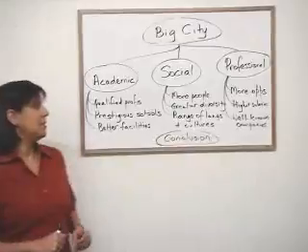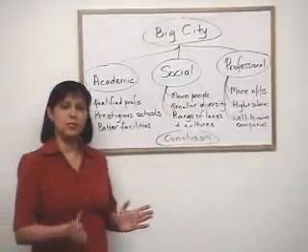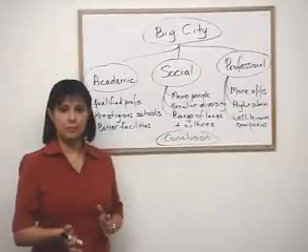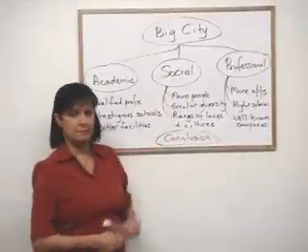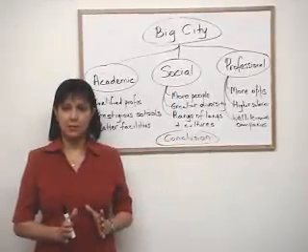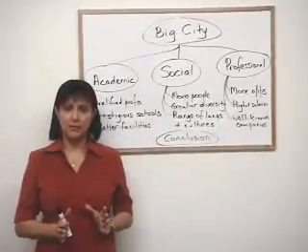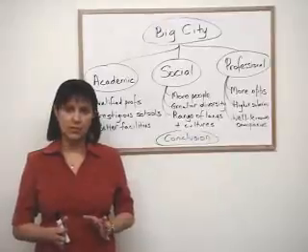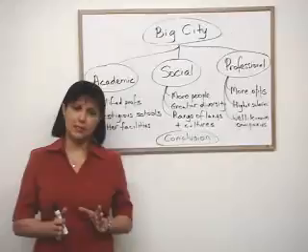Okay? Now, let's take that last question where you were asked to choose between a big city or a small town. Let's suppose you decided to choose big city. What you need to do in the first 5 minutes of the half an hour that you have for your TOEFL independent essay is to plan. Lots of students think they have very little time to write and they don't want to waste time planning.